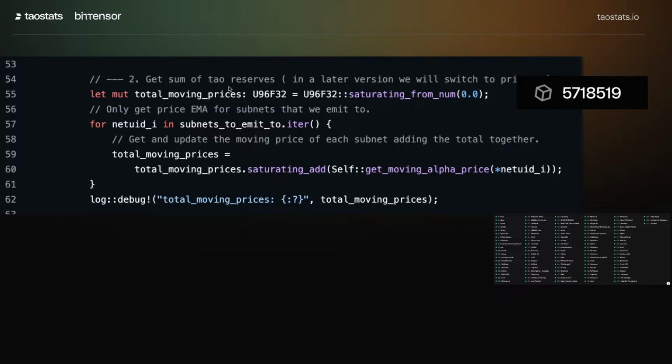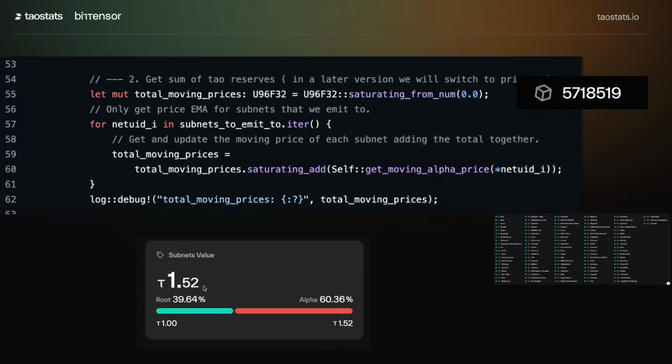So we have total moving prices is 0. We loop through all the subnets that we can emit to, and then for total moving prices, we add the moving price for that subnet. And so once we loop through all the subnets, we're going to have the total moving price, right? Which is what's reported at tau stats as the sum of subnet prices.